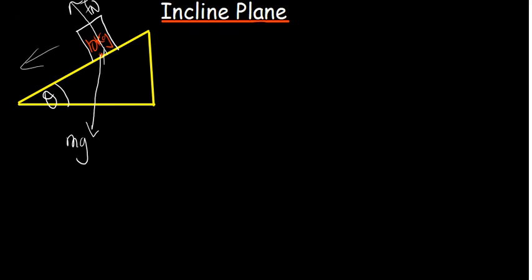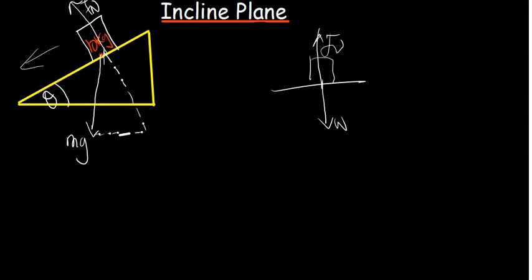The normal force is supposed to be in a straight line with the weight force. Therefore, I can also create another force in this direction, which we are going to talk about later.